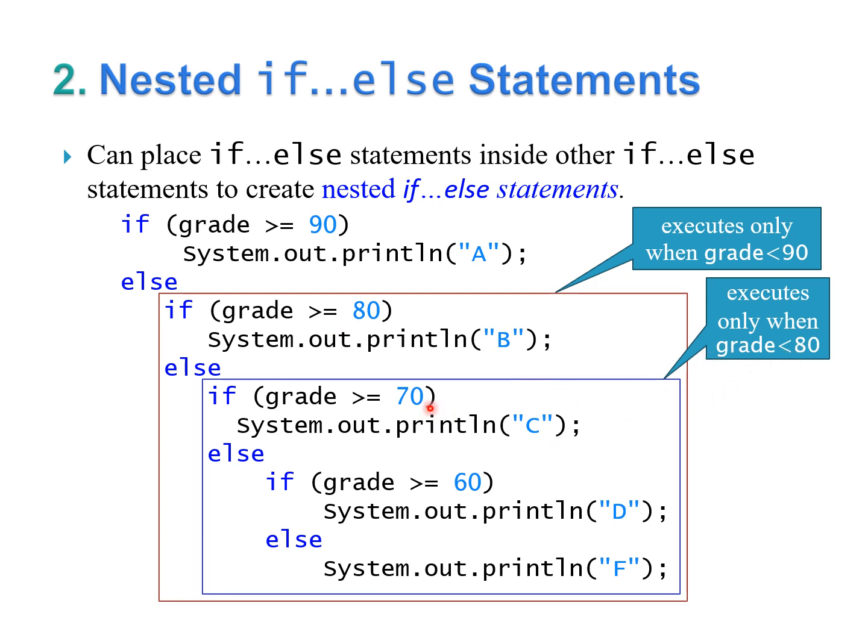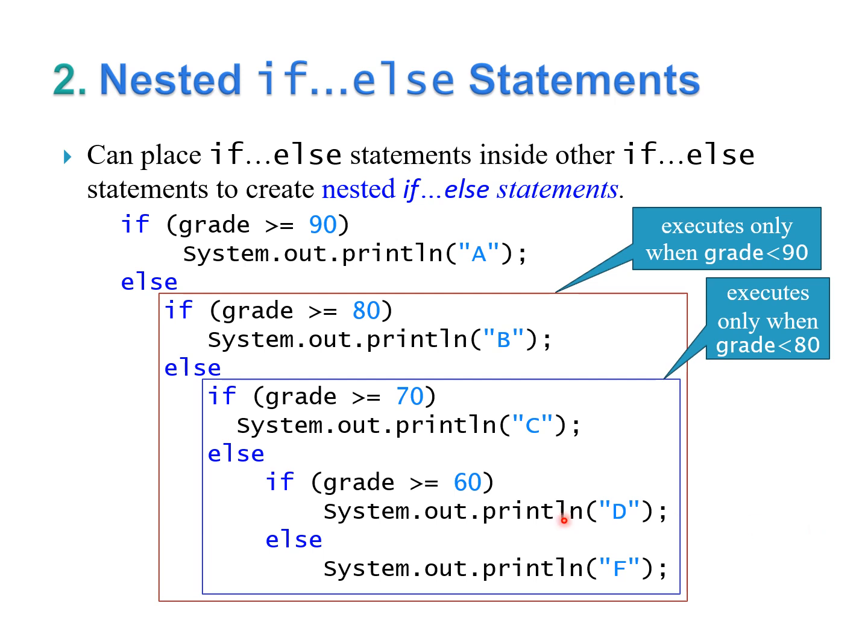The condition of the third if-else statement is grade larger than or equal to 70, and its yes statement is to print out letter C. So letter C is printed out only when grade is larger than or equal to 70 and less than 80.